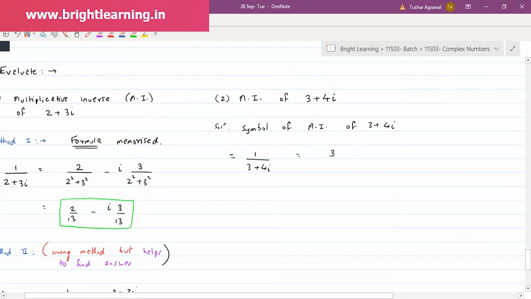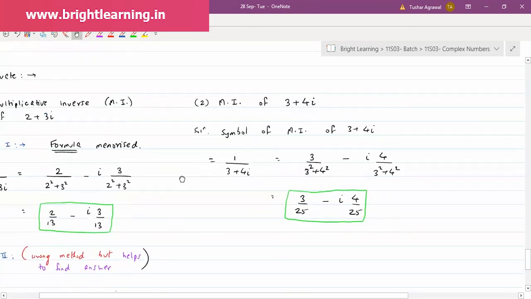It will be 3 upon 3 square plus 4 square, that is 25, minus i times 4 upon 3 square plus 4 square. So this will be equal to 3 upon 25 minus i times 4 upon 25. Dhananjay, I hope this was correct. First two.